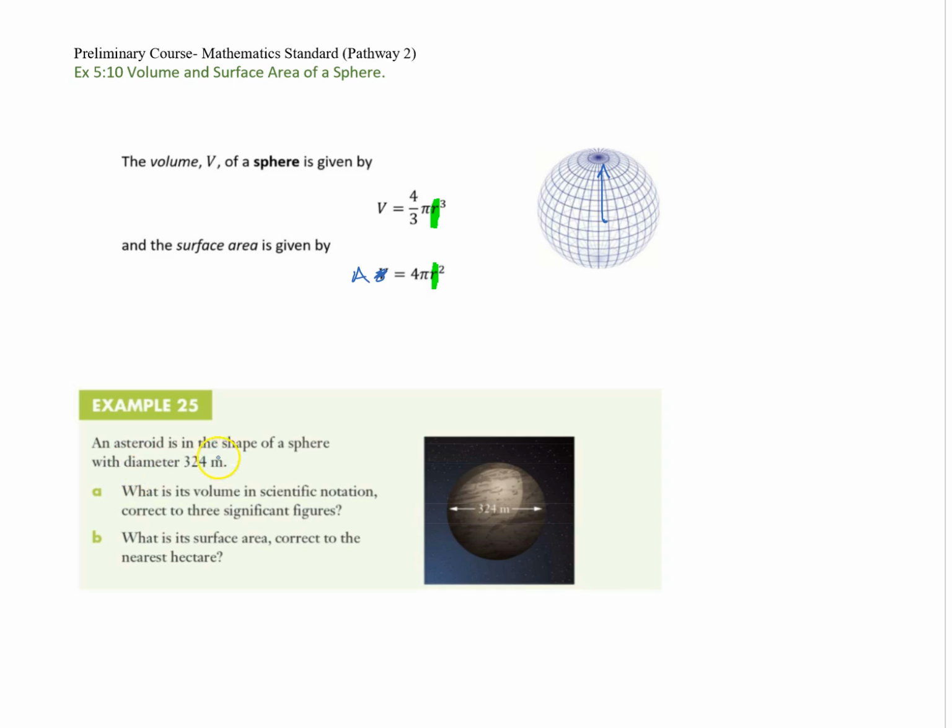An asteroid is in the shape of a sphere with diameter 324 meters. It's going to be a problem for us. So we've just said the dimension used in the formula is the radius. So the diameter is 324.